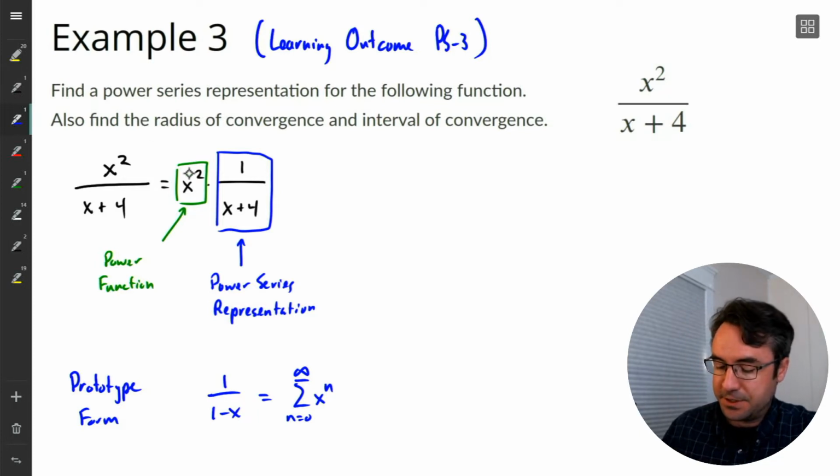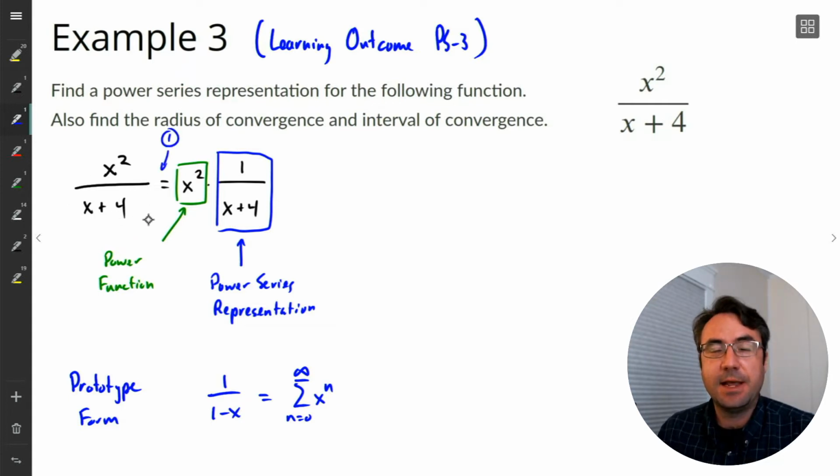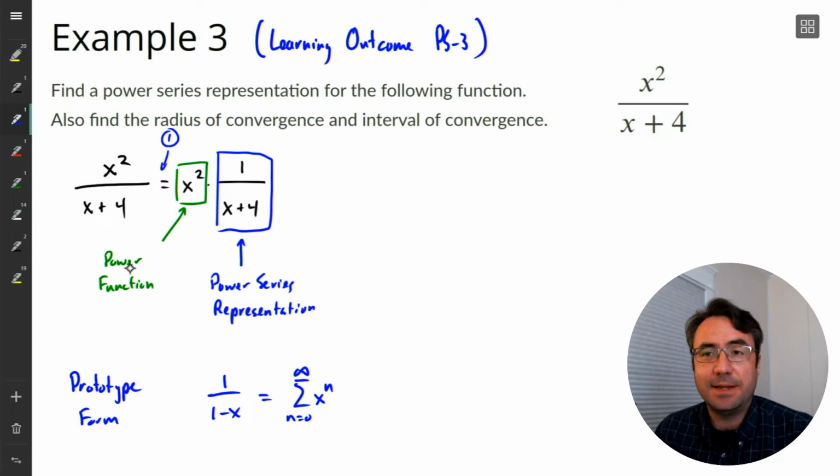So really this is the first step. Step 1 is to take the fraction and look at the pieces. If we have x terms on the top of our fraction, and that's a power function, it's already a nice positive integer power function. That's as good as we're going to get it. Really, all the work we're going to have to do is with this fraction. We want to represent 1 over x plus 4 as the sum of power functions.